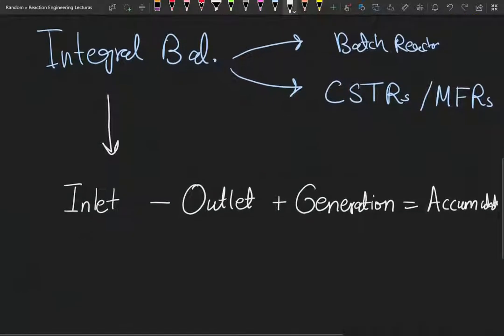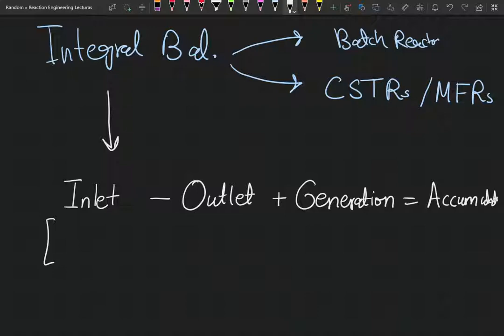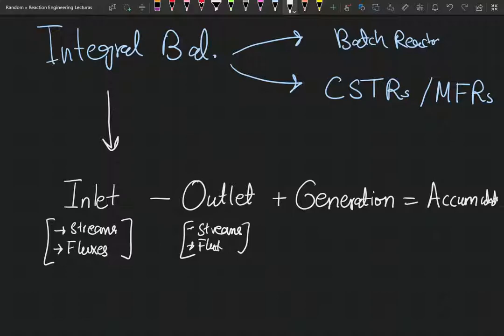Alright, so the inlets are going to be in the form of streams, or in some cases you might see that they might be in the form of fluxes, like for a membrane reactor. So yeah, streams, fluxes.